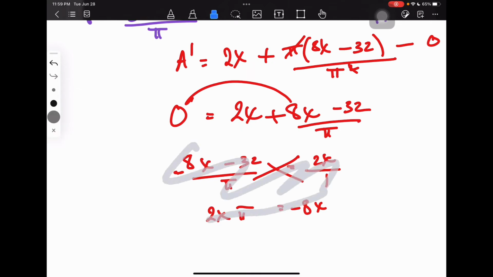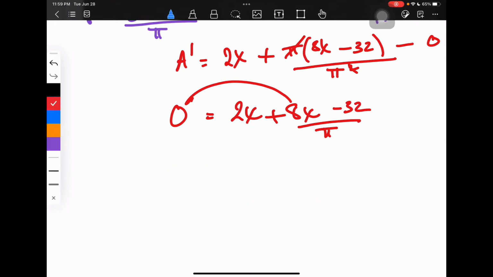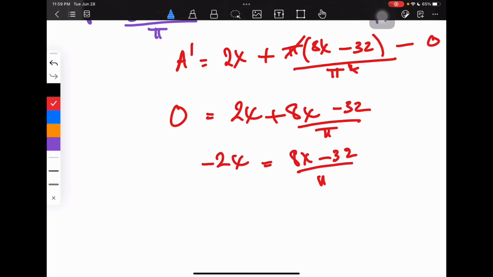Just to make things simpler, if I move this over and simplify, 8x minus 32 over pi equals negative 2x, and cross multiplying, 8x minus 32 is equal to negative 2x pi.